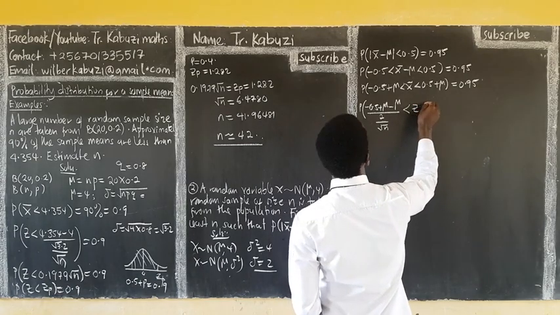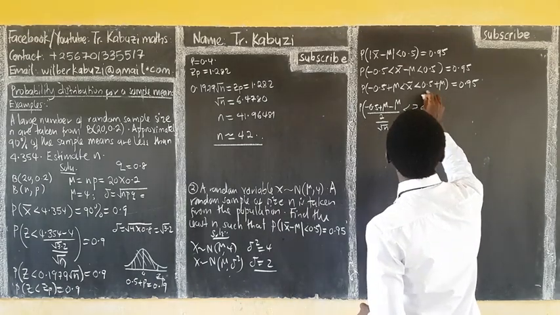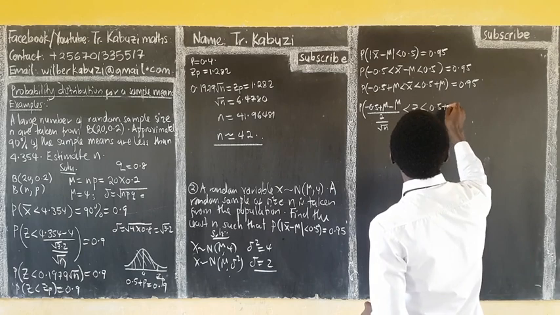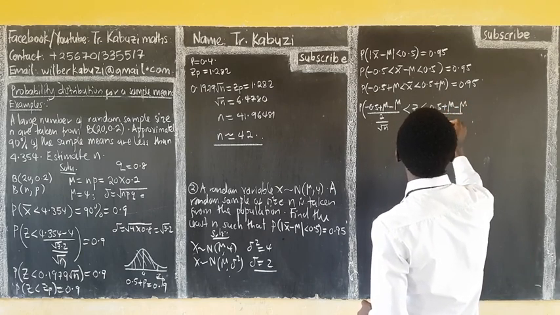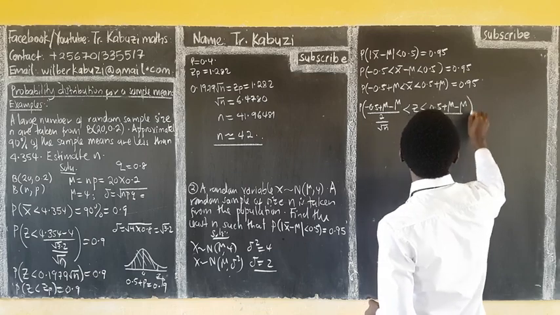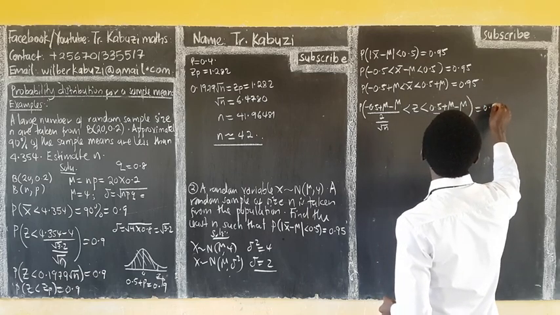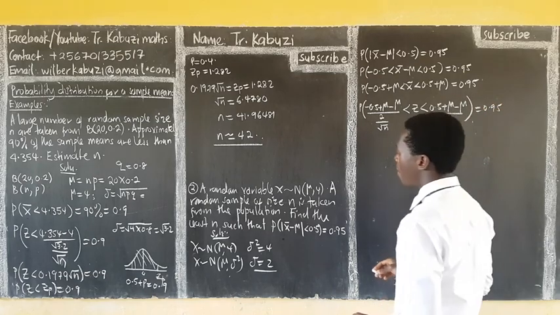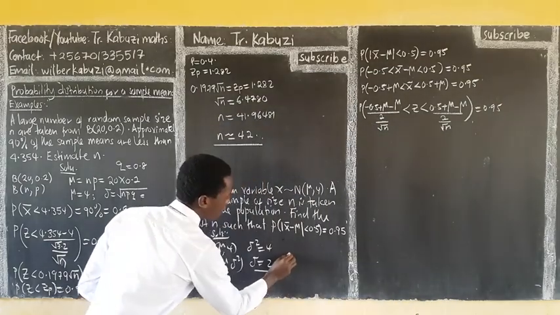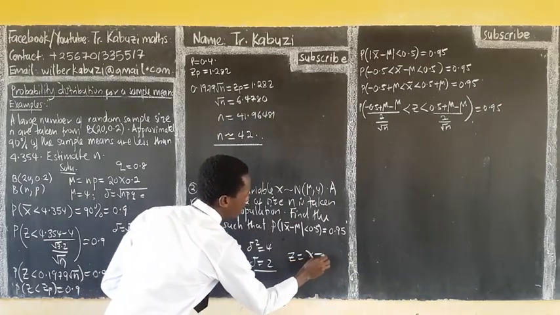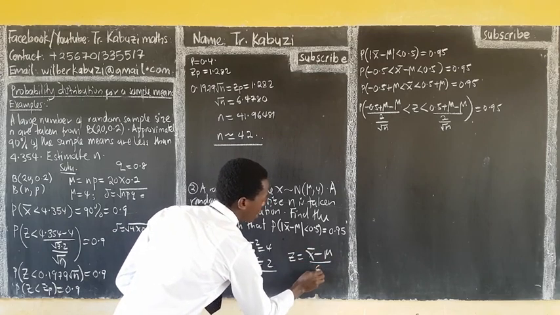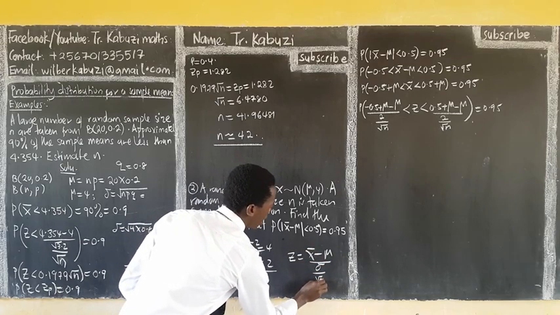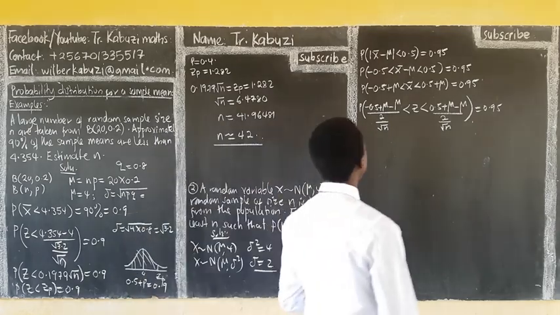So this becomes negative 0.5 plus mu minus mu, less than z, less than 0.5 plus mu minus mu, all over 2 over root n, equal to 0.95. I do this because our z is x minus mu over sigma over root n, so that's where I substitute.